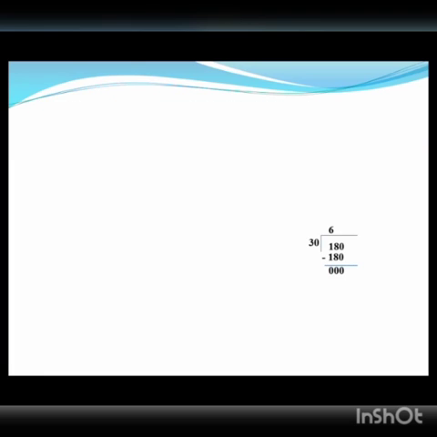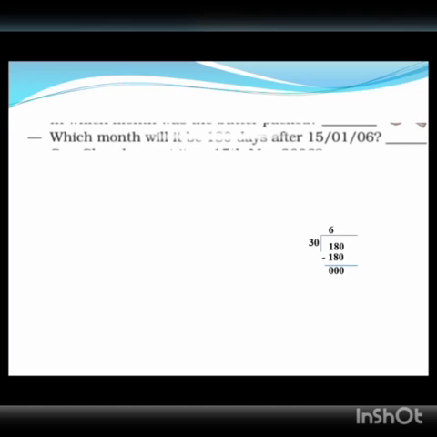Now, next question. Which month will it be 180 days after 15 January 2006? Dear students, here we have a number of days and we are supposed to find out the month. So first we have to convert the number of days into months.